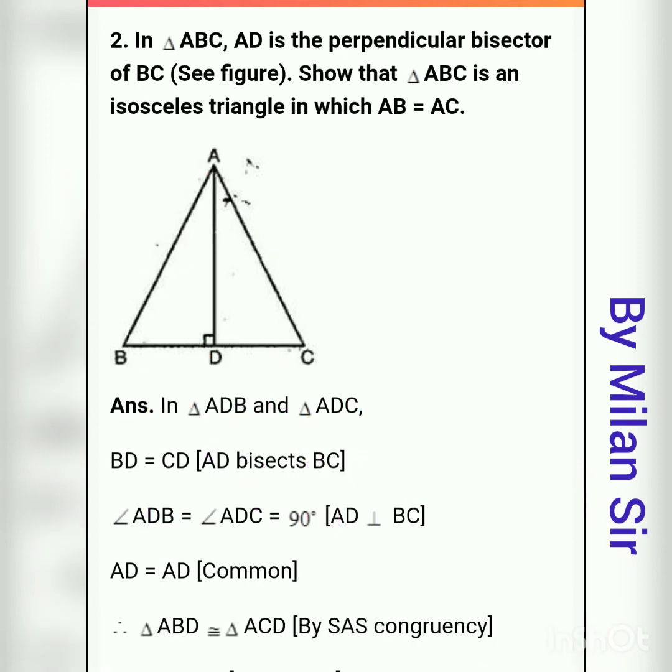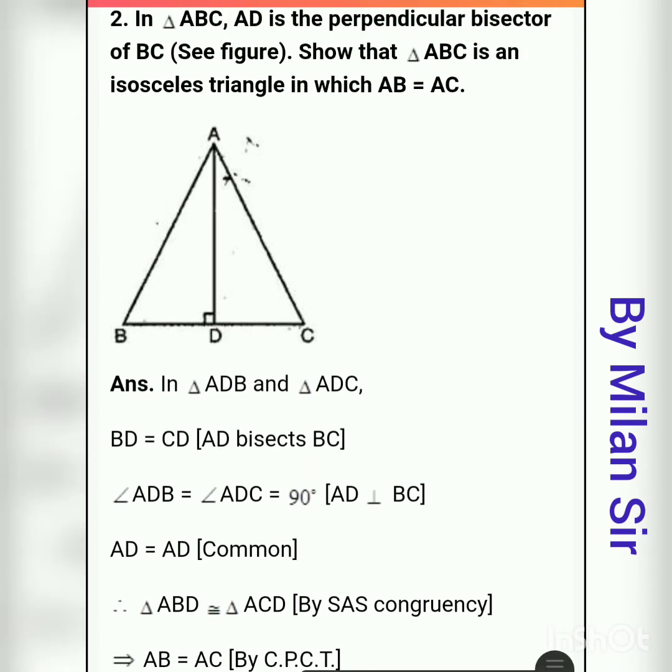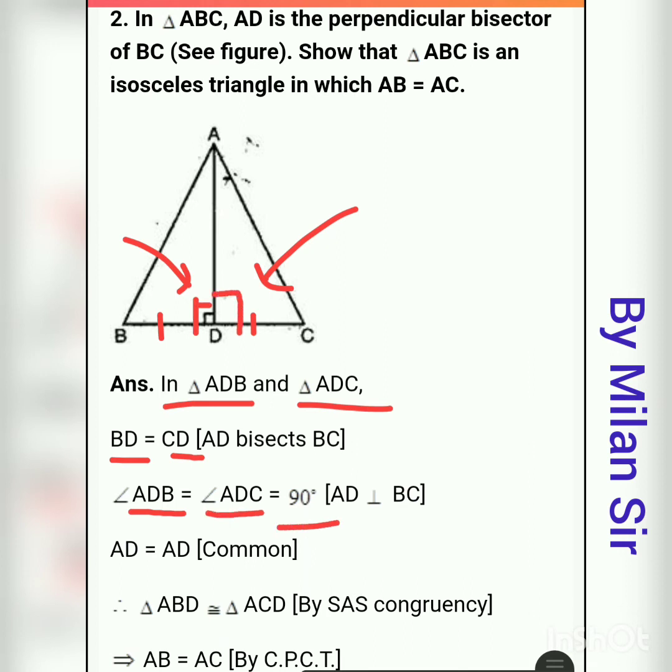So this is written here: in triangle ADB, that means the first triangle, and in triangle ADC, that means the second triangle, BD is equal to CD, right? Because it is given that AD is the bisector. Then angle ADB, that means this angle, is 90 degrees, and ADC is also 90 degrees, right?